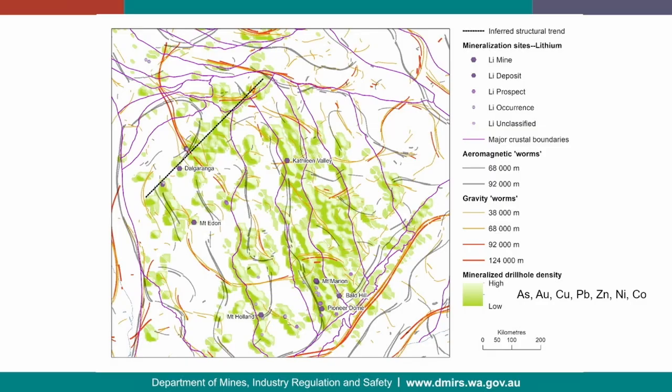And again, you'll see that there seems to be some association with that northeast trending structure, and also with the major crustal boundaries and some of the worms. And pretty much all of those are also associated with mineralisation on the regional scale for those other elements.